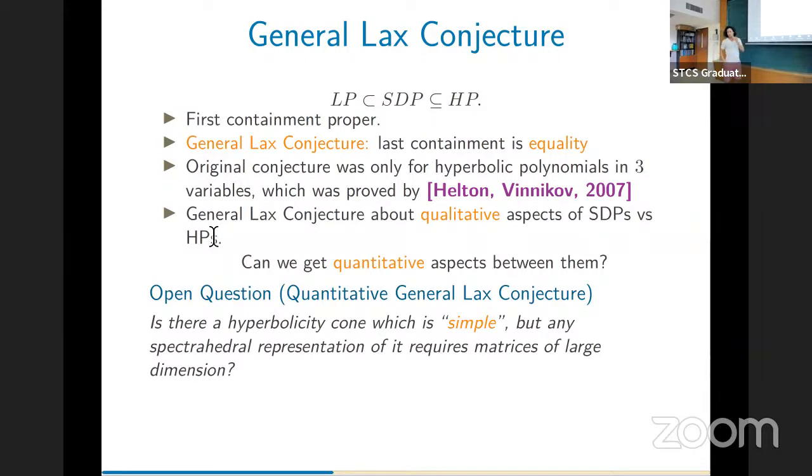Even if the variables don't change, for the spectrahedral representation you have to give a bunch of matrices as a specification. Is there a bound on the number of matrices you need to give, even for the 3 variable case? Oh, sorry. So let me say the original Lax conjecture was just about whether every hyperbolic polynomial is a determinant of some symmetric matrices.